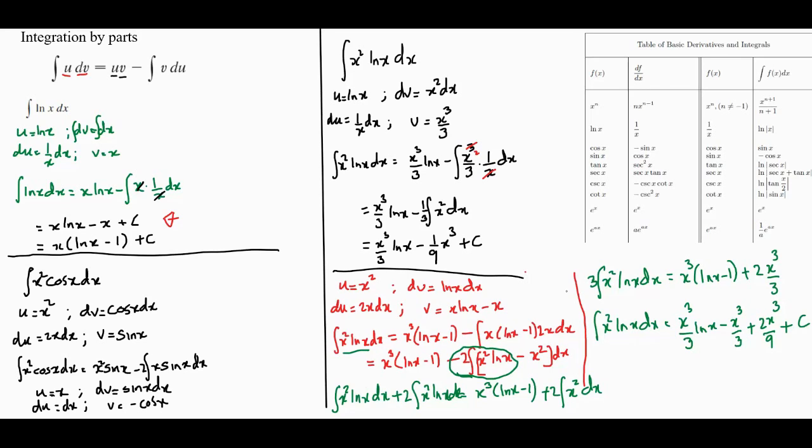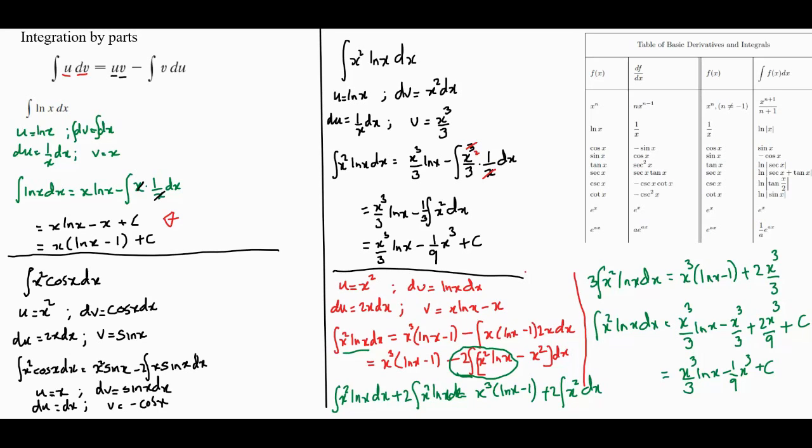So now if you look at this, this will just simplify to x cubed over 3 ln x minus 1/9 x cubed plus c.